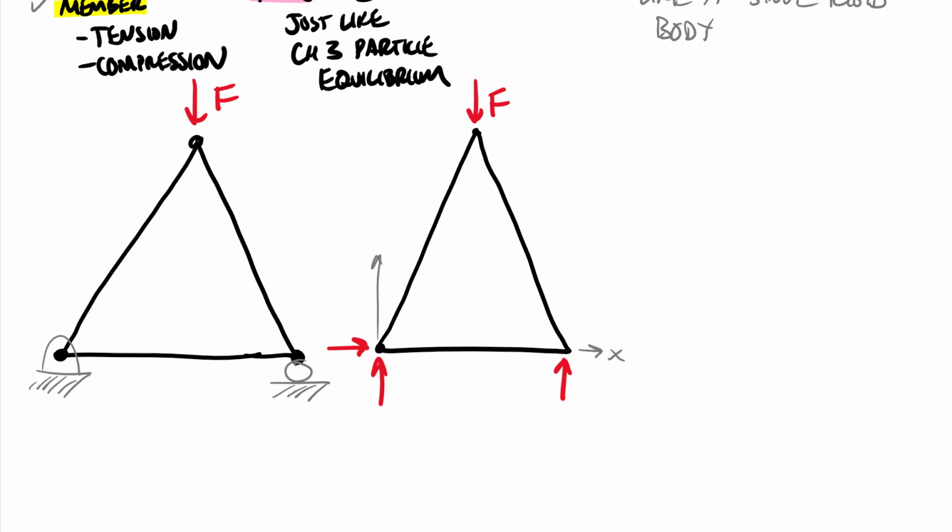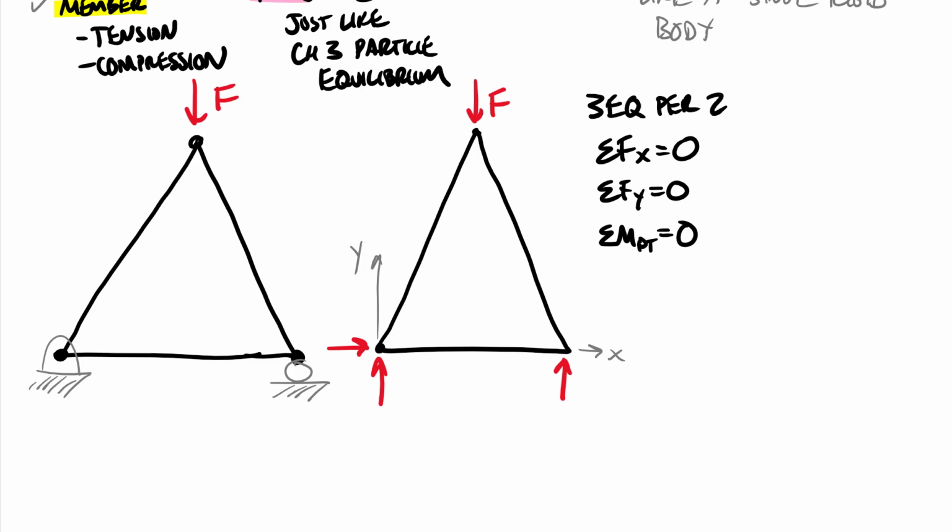Let's call that X, and this is Y. Once again, we can take our entire truss, create a single free body diagram, and with this, we could write equations of equilibrium. We could sum forces in the x direction equals 0, we could sum forces in the y direction equals 0, we could sum moments about a point equal to 0. Because this is fundamentally a rigid body, we get 3 equations per 2-dimensional rigid body free body diagram.